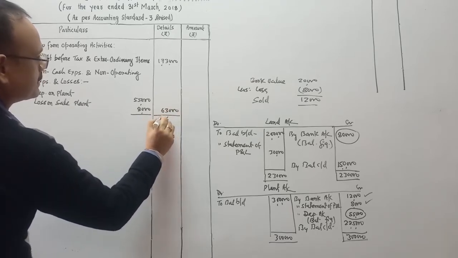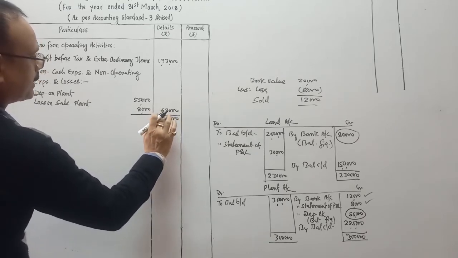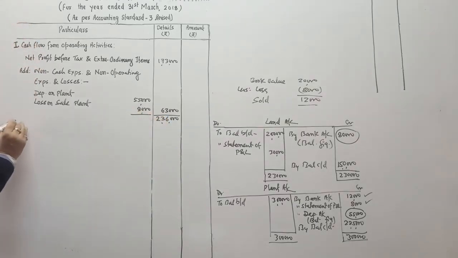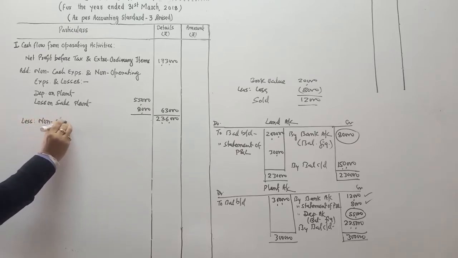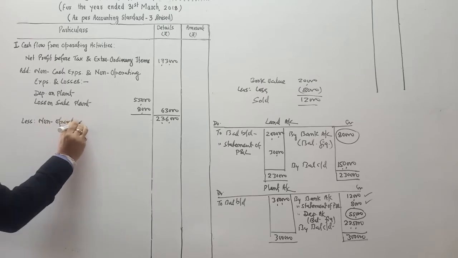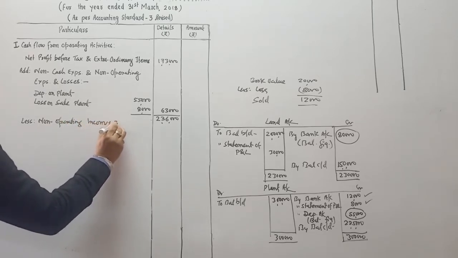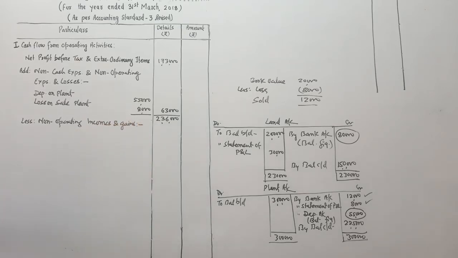So it becomes 2,36,000. Now you deduct non-operating incomes and gains.